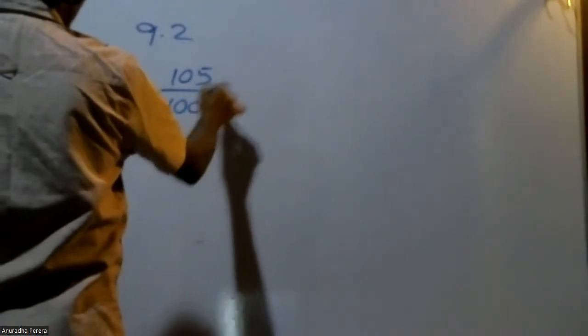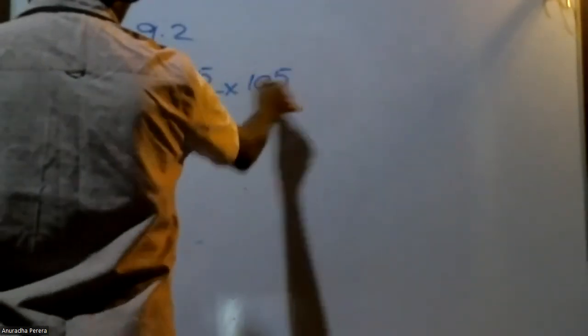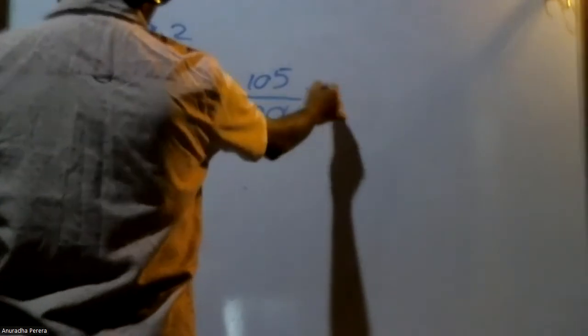If a person takes a loan of 5,000 at a compound interest rate of 5% per year, calculate the total amount required to repay the entire loan after 2 years. Total amount. Yes. If you use the second method, 105 over 100 into 5,000.